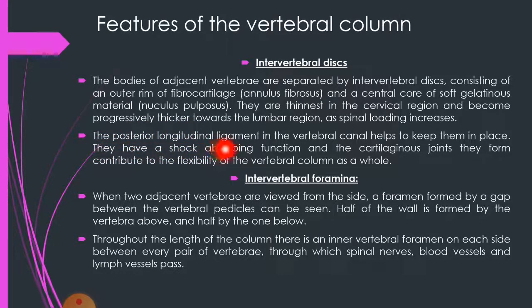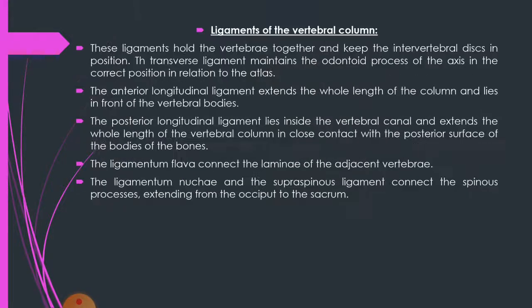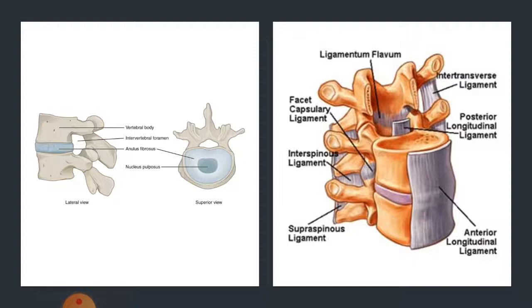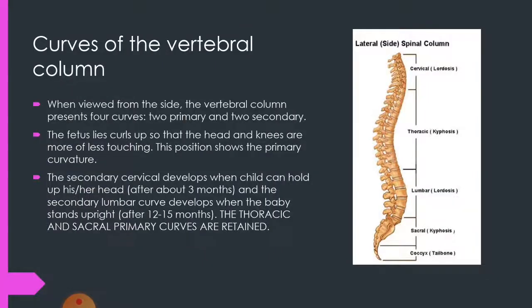The posterior longitudinal ligament in the vertebral canal helps to keep them in place. They have a shock absorbing function, and the cartilaginous joints allow them to move with flexibility. So this is the structure of the intervertebral disc.